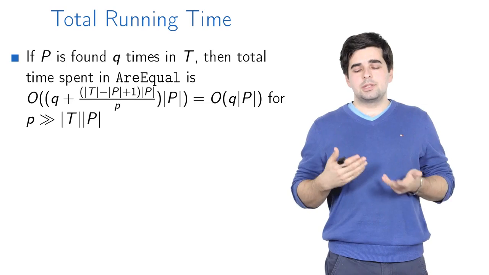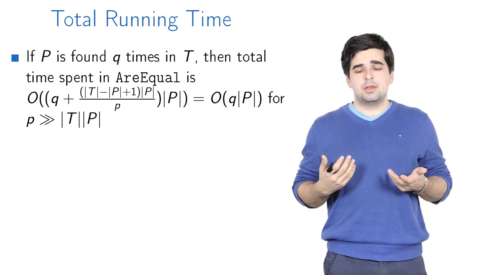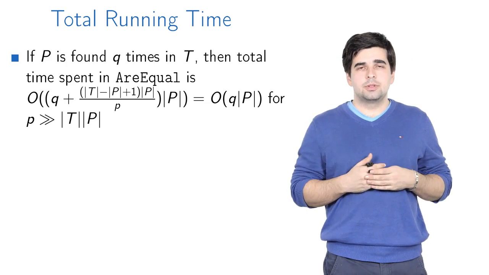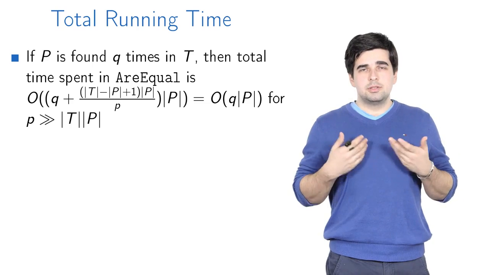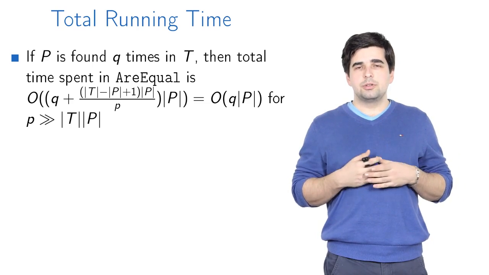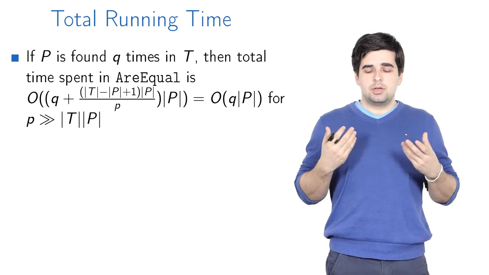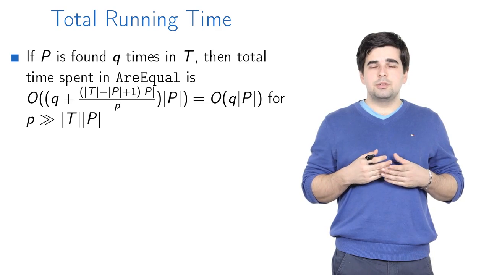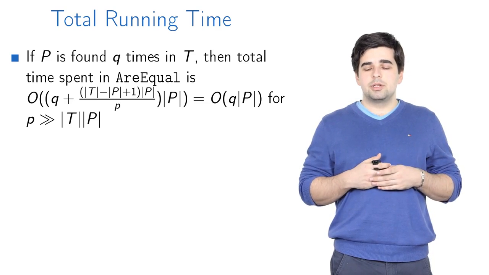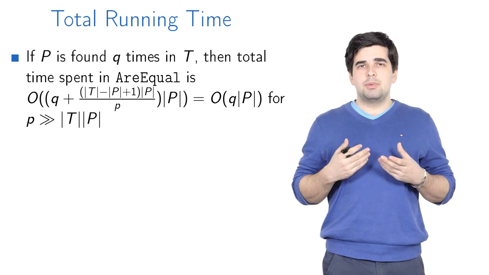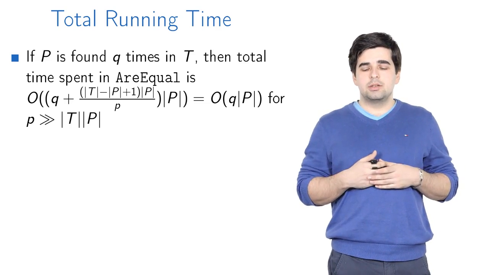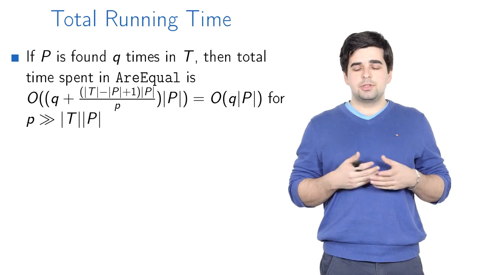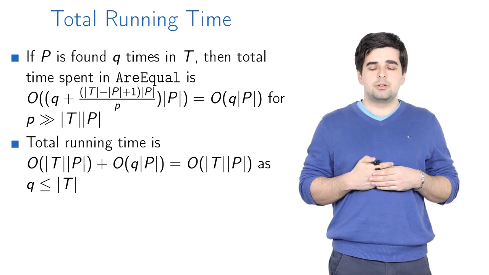So q plus number of false alarms is the number of times that we need to actually call function r equal. And then the time spent inside the function r equal is proportional to the length of the pattern. So totally this is the same as big O of q multiplied by the length of the pattern, because the second summand can be made really small, less than 1, if we choose big enough prime number p, and we only get the first summand multiplied by length of the pattern.